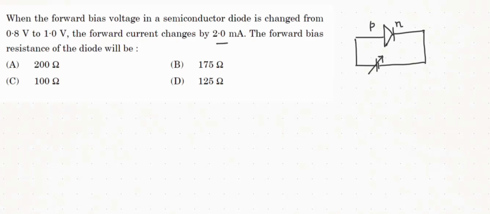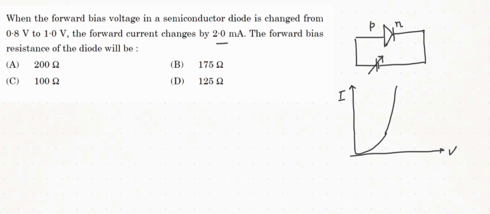The current flow in the diode continuously changes, and it takes an exponential growth. If I plot I along the y-axis and V along the x-axis, then with the increase in voltage, the current takes a growth.